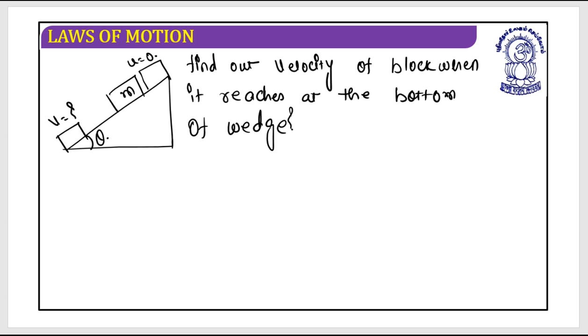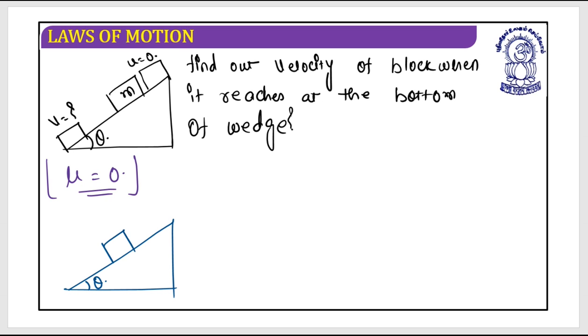Yes, they have not mentioned that friction is there. It means they want a smooth surface, so mu is equal to 0. So what do you need to do? Let's draw a free body diagram of this situation. This is theta, this is m, this is mg, this is mg cos theta, this is mg sin theta, and this is the normal. As mu is equal to 0, friction is absent, so friction is equal to 0.